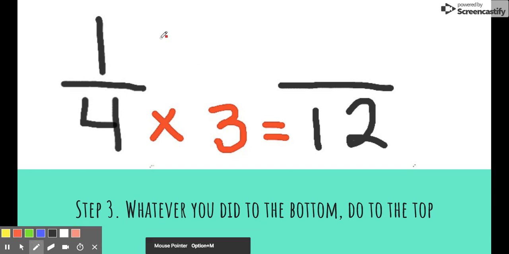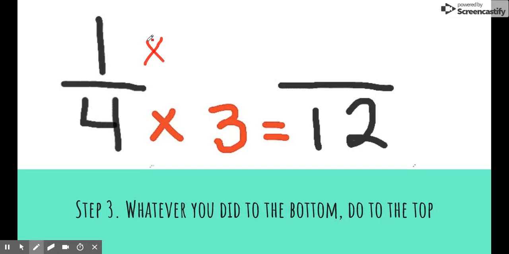We did times 3 to the bottom, so we're going to do 1 times 3 on top. 1 times any number will always be that number. So we know 1 times 3 is 3. And now we're left with the new fraction of 3/12. 3/12 is an equivalent fraction of 1/4 because if we reduce 3/12 by dividing by 3 on both, we'll get 1/4.